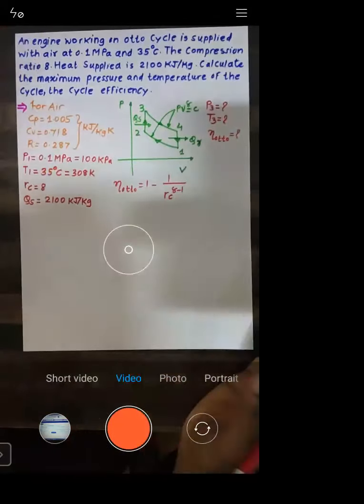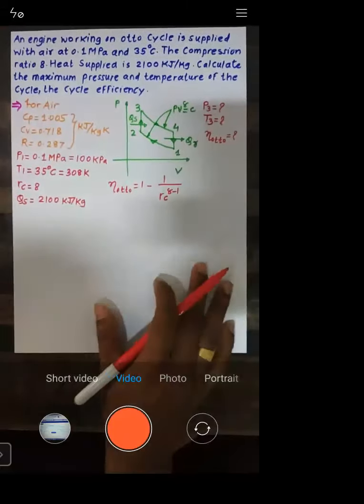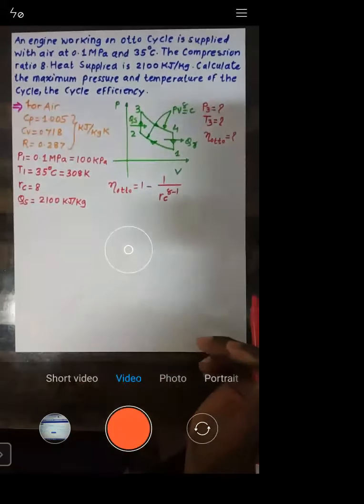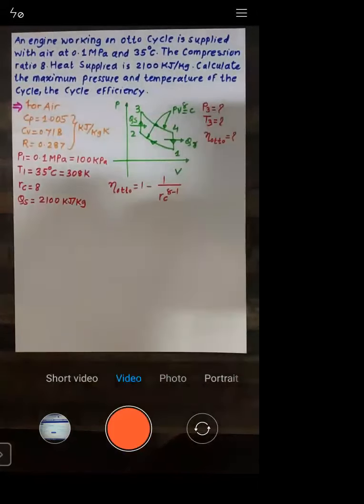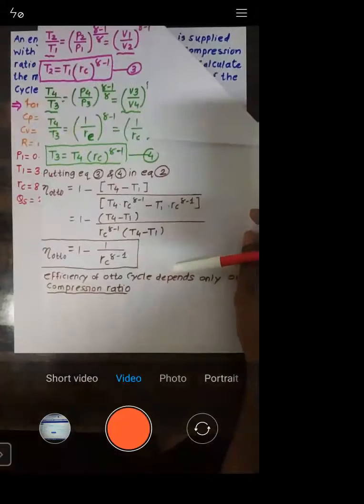This is the simple formula for getting the efficiency of the Otto cycle. This formula we have already derived in the first lecture of the gas power cycle. This we already derived, right?